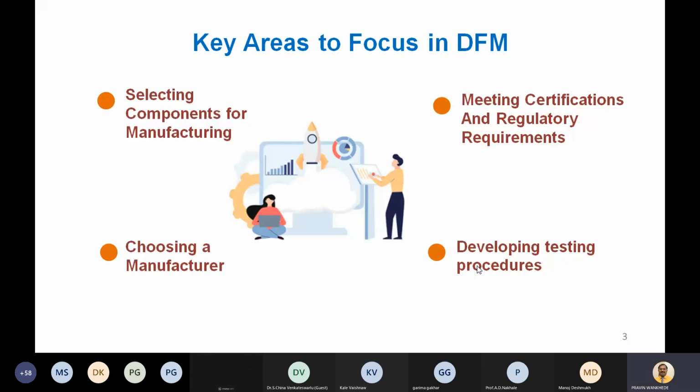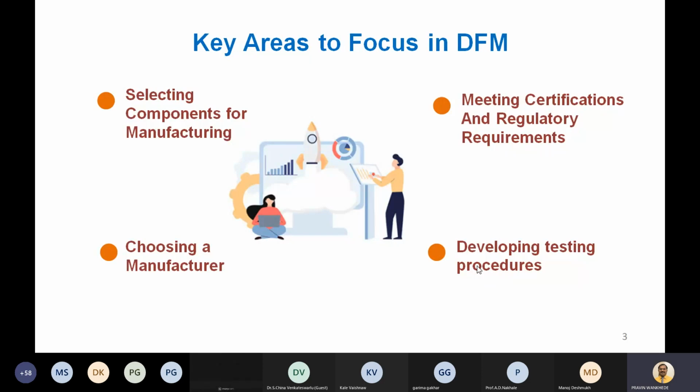Then another criteria that we have to think about in DFM is the certifications. We already discussed the different certifications in the last lecture. As we know, for most devices, at least in electronics and IoT, we need many certifications and regulatory requirements.